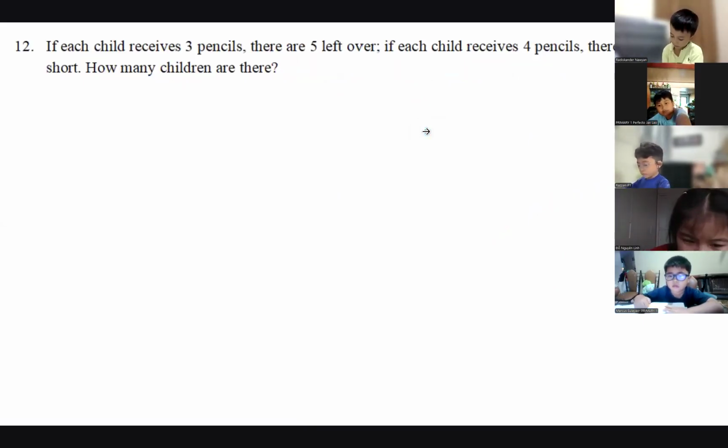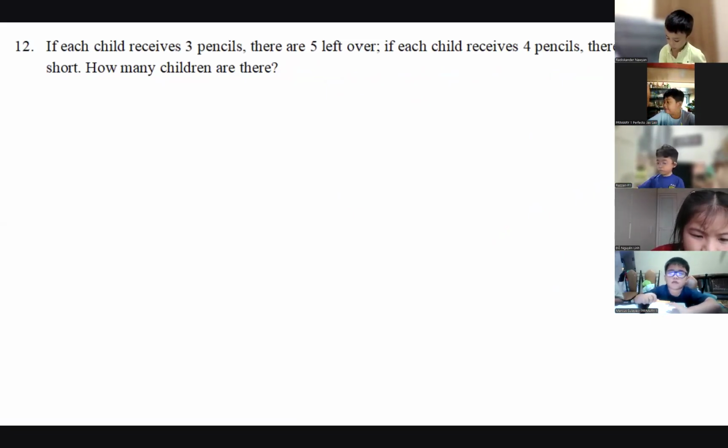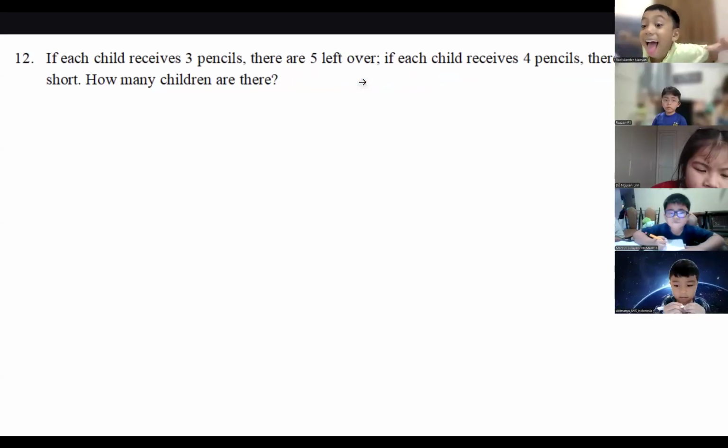Okay. If each child receives 3 pencils, there are 5 left over. If each child receives 4 pencils, there are 2 pencils short. How many children are there?